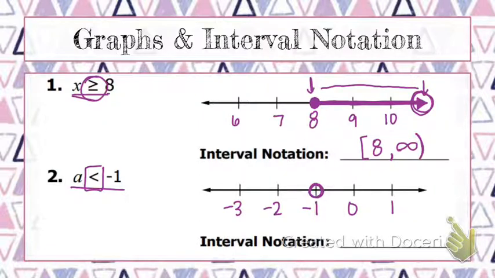Now, since a has to be less than -1, then that means it includes the numbers that are smaller than -1. So we're going to draw our line all the way to the end of our graph, and we're going to put an arrow on the end. Then we're going to write our answer in interval notation. So once again, we have to read our graph from left to right.